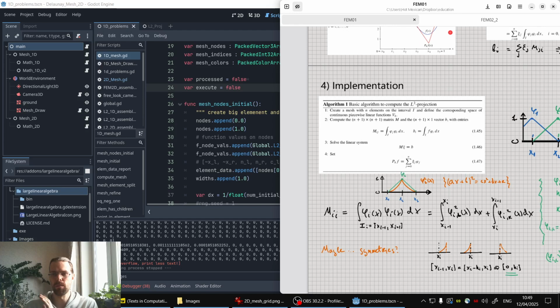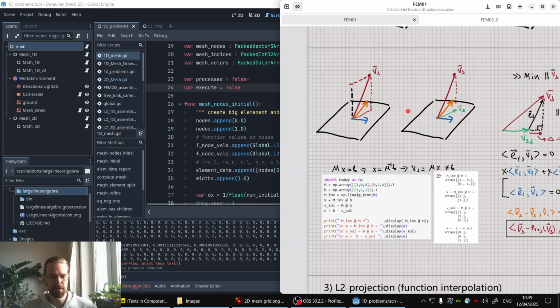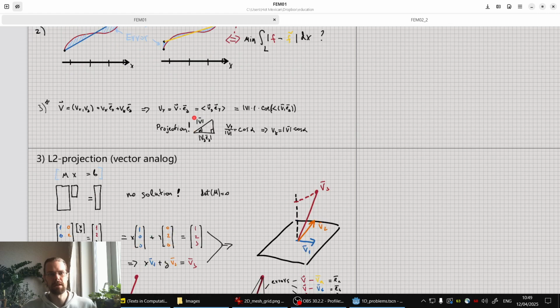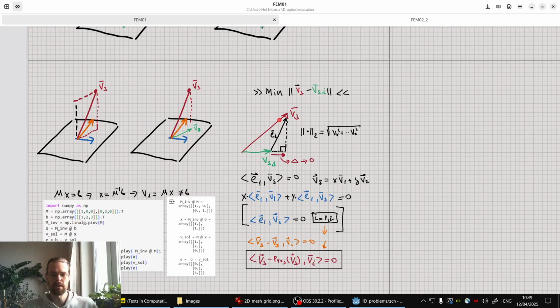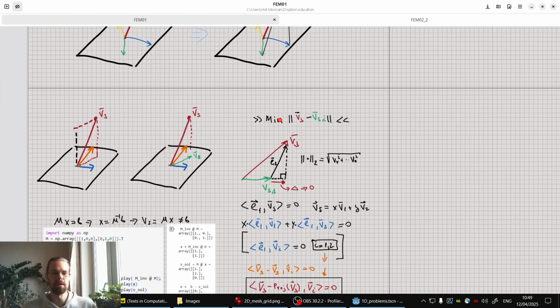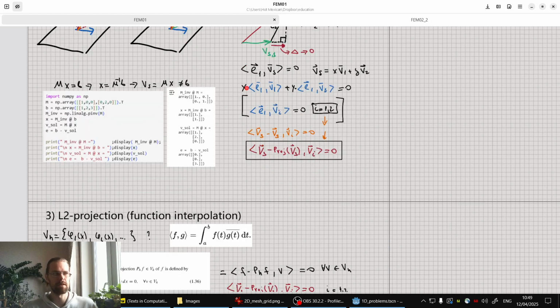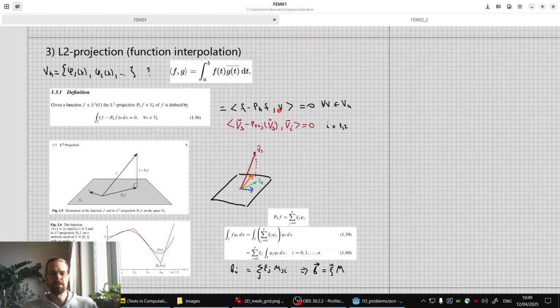So yeah, let's start with this first point, what I wanted to clarify. I've tried to give you my intuition that L2 projection is the most viable solution, based on what kind of basis vectors we have, and then I compared them.